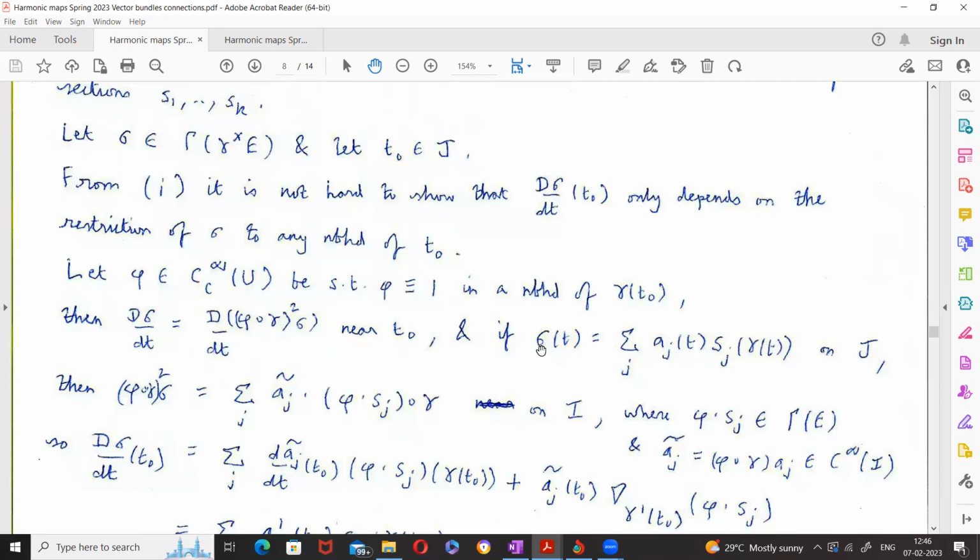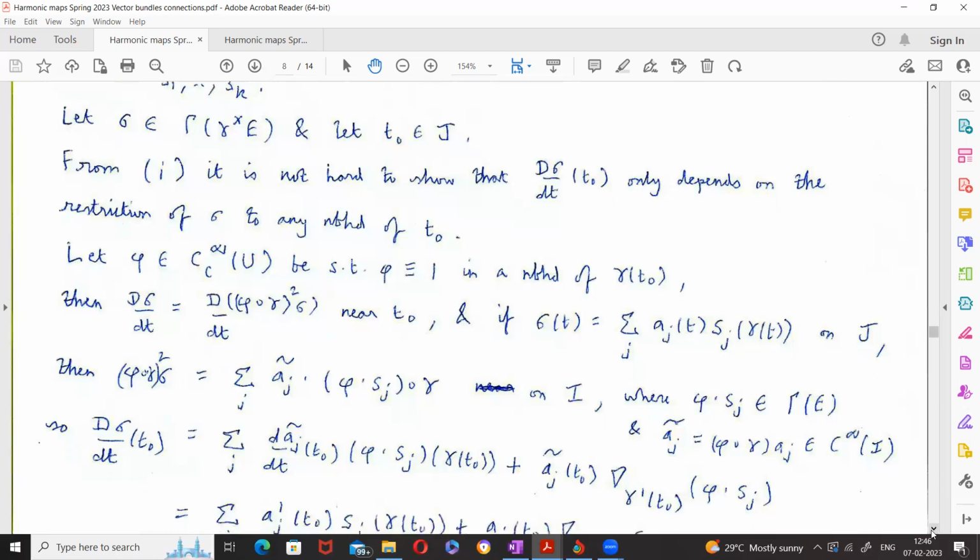And sigma of t I can write in terms of my local basis of sections as a sum over j of some coefficients aj of t into my local basis sj at gamma of t, right?